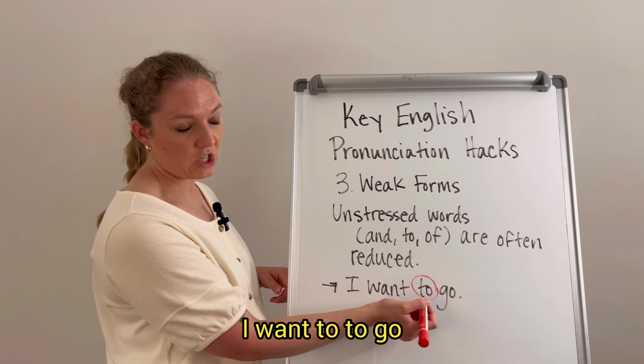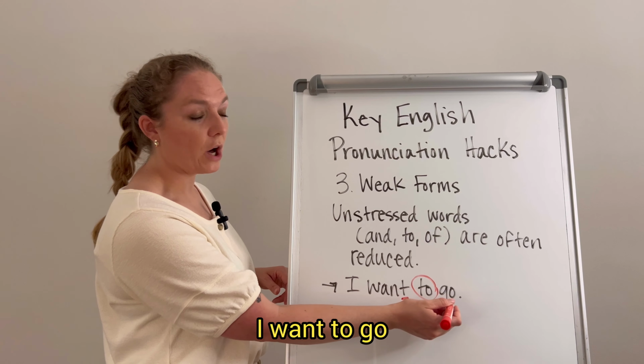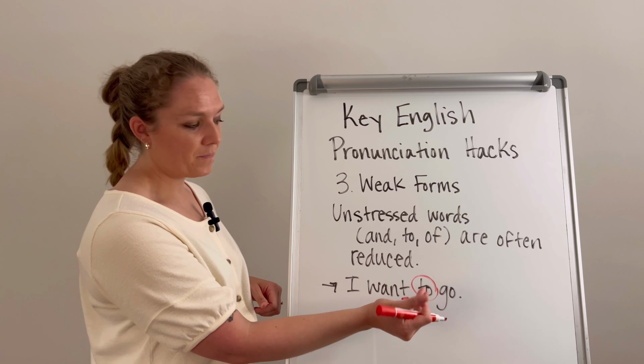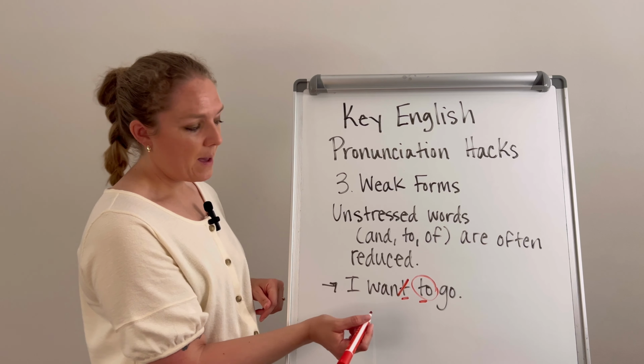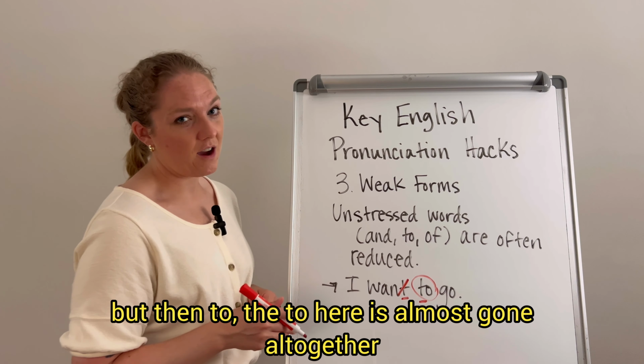I want to go. I don't repeat the T. Instead, I say, I want to go. And so it sounds like there's almost just one T sound, but then the "to" here is almost gone altogether.